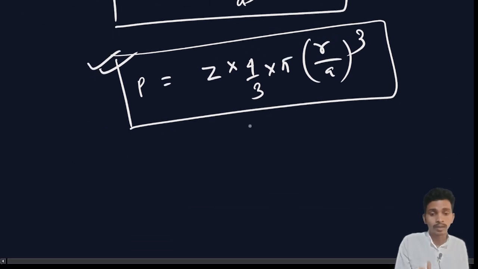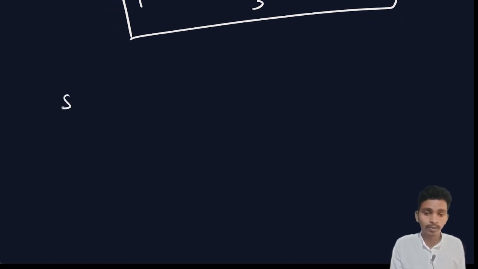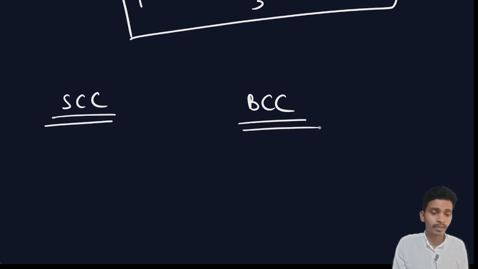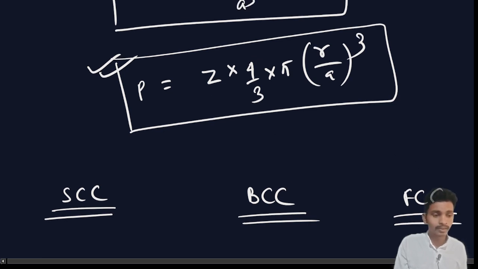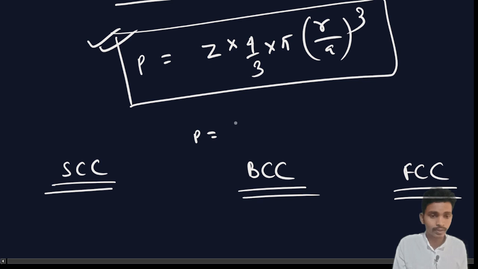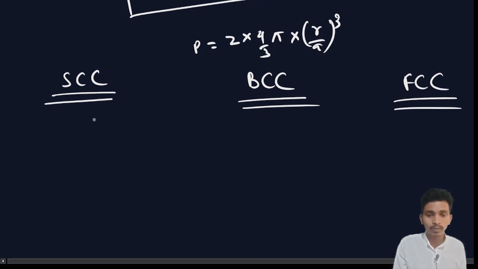Now we will look at the packing fraction for SCC, BCC and FCC. The common formula for all of these is P is equal to Z into 4 upon 3 pi into r upon a whole cube.